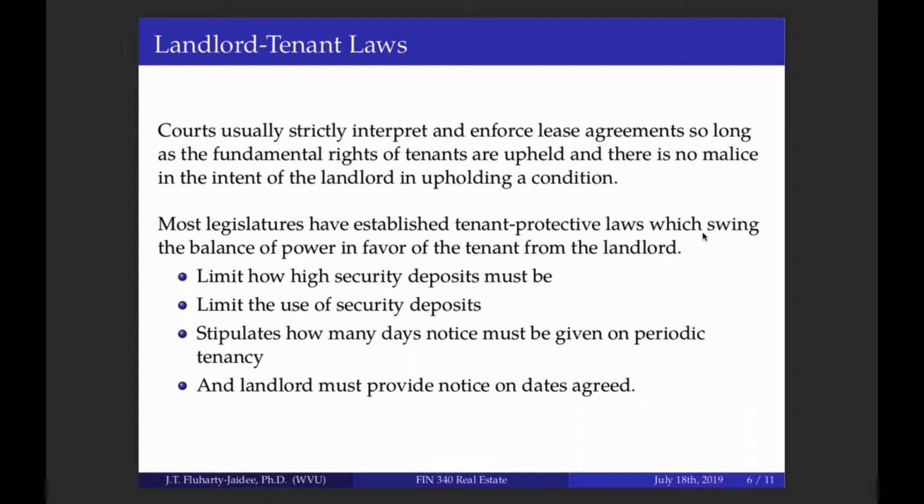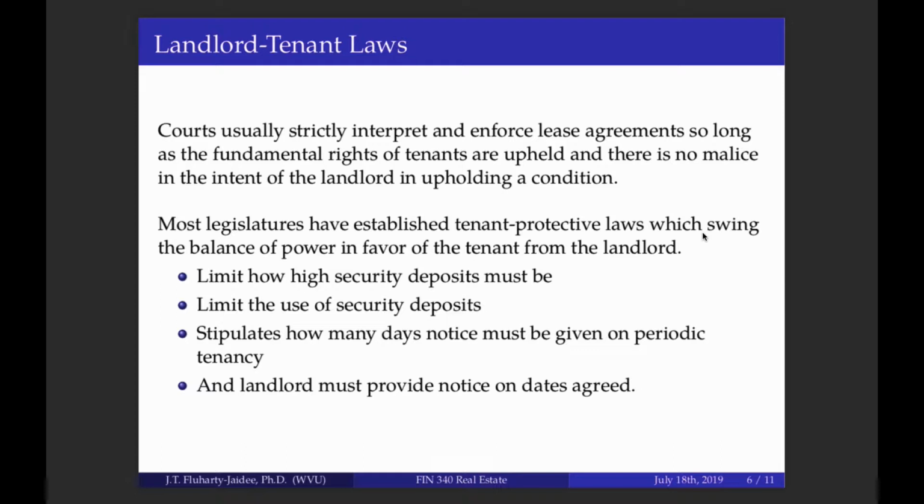The landlord must provide notice on the dates that are on the agreement as well. Okay, so the landlord has to provide notice ahead of time if they're going to make evictions or they're going to make any changes, and if they're going to have the tenant move out of the property for construction, etc. So these are all protections for the tenant and also for the landlord.